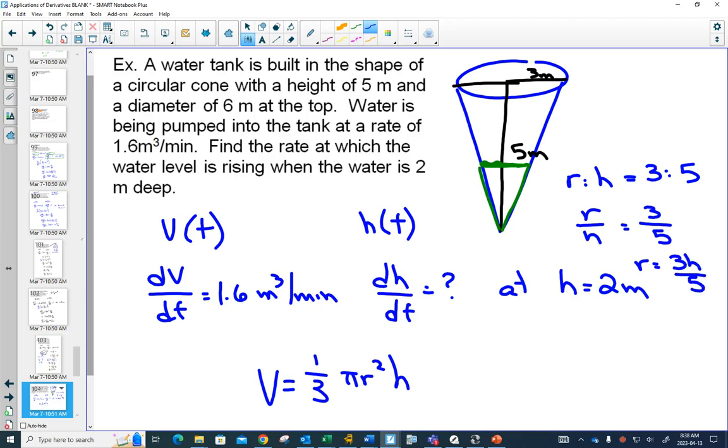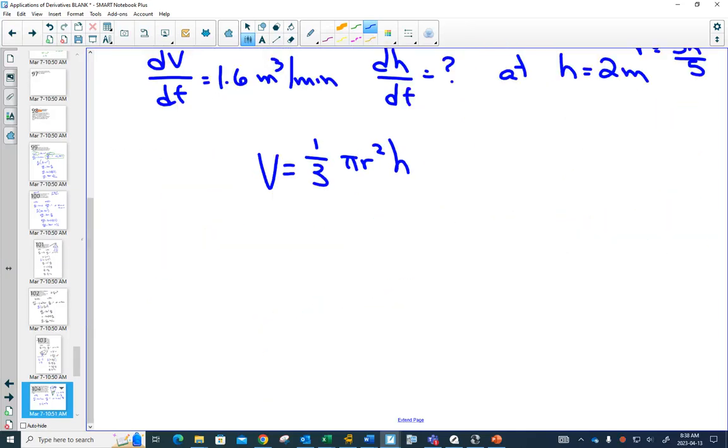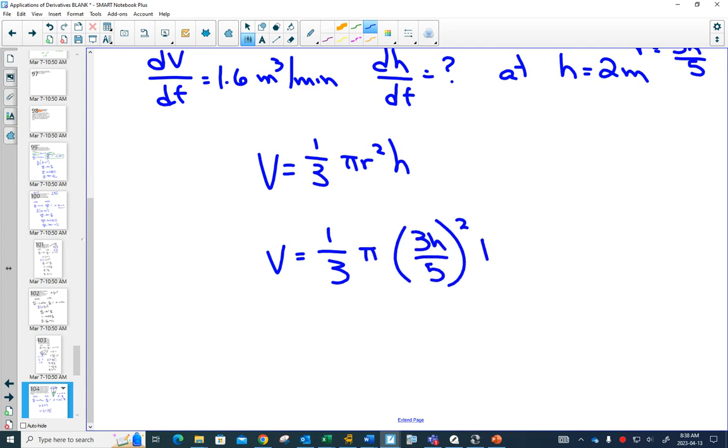You can get the radius by itself to be 3h divided by 5, which will allow us to square this.